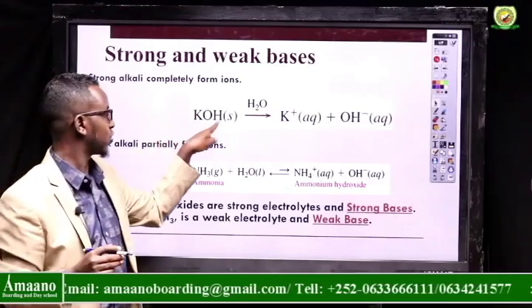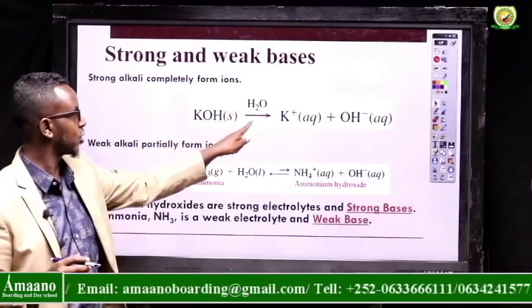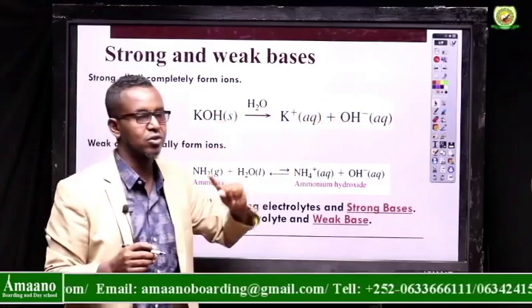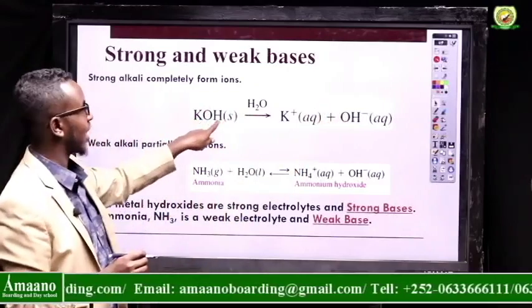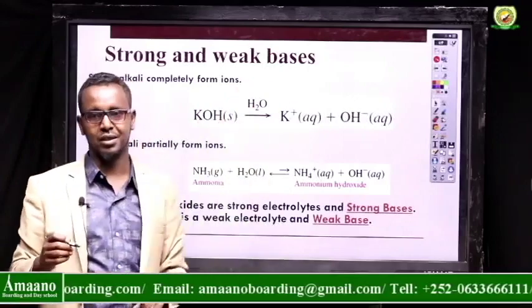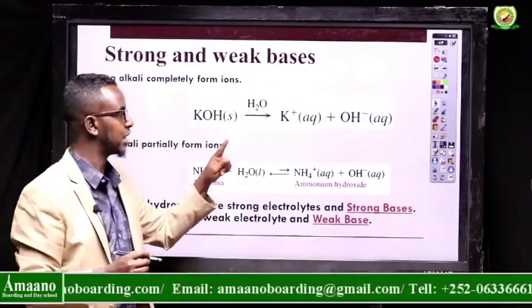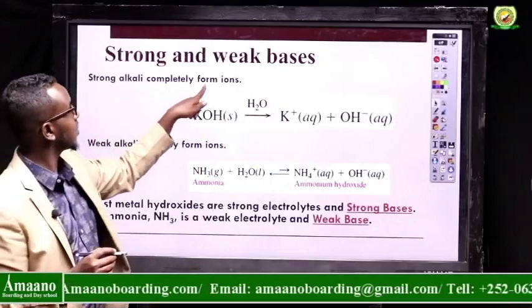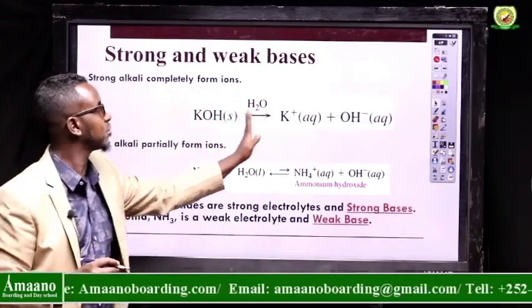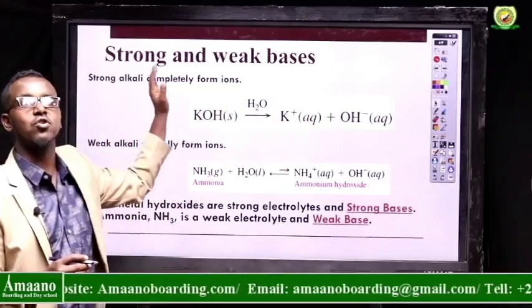This is a metal hydroxide, a base. When you put it in water, it decomposes into potassium ion and hydroxide ion. So a completely ionized alkali is called a strong alkali or strong base. 100% becomes ions.